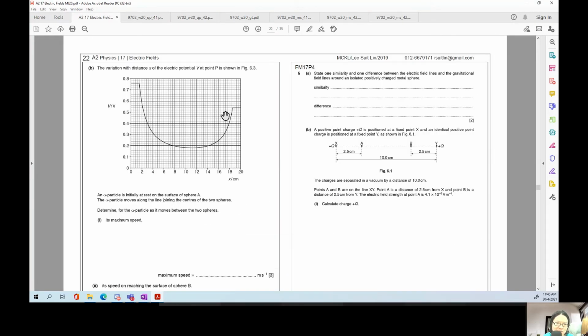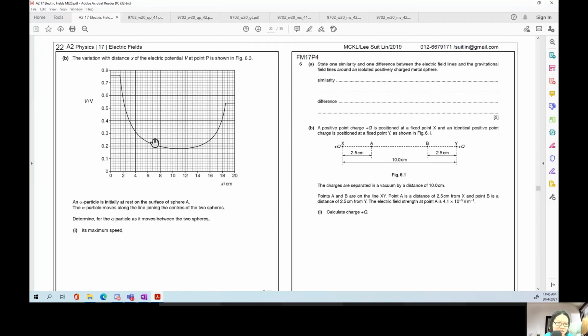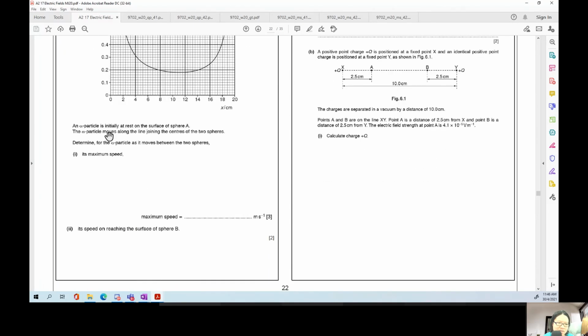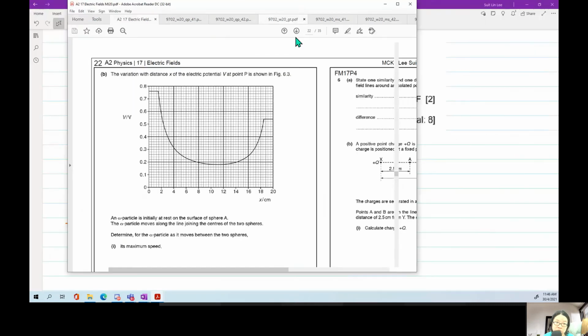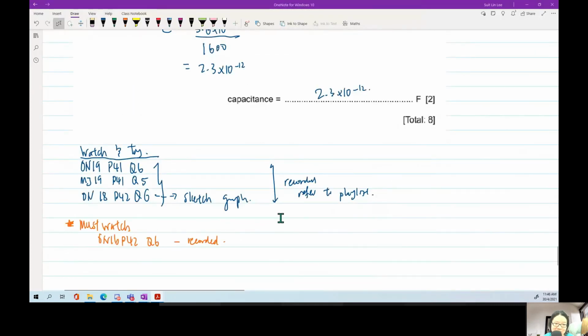Tada, look at this. What is this? Potential against distance. Then they ask you to find maximum speed. This one you must try, because this one basically tests all the main ideas. This is an all-in-one question. So this is what I mean by must watch. So if it's too much already, then at least watch this one more.